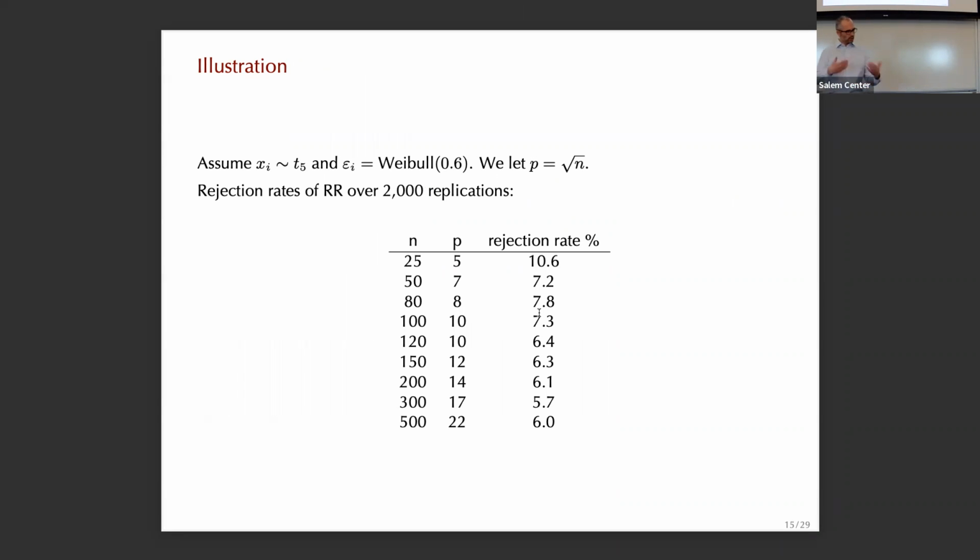Of course, as you keep increasing the replications and n, this is going to get to 5%. But already you see that even with super heavy-tailed data, even in a quasi-high dimensional setting, the residual normalization gets to asymptotic validity in the expected range.